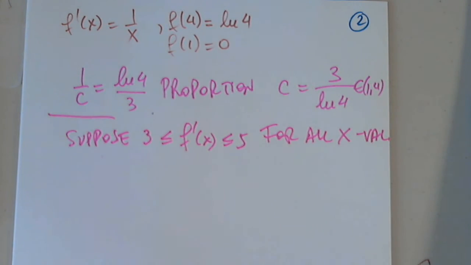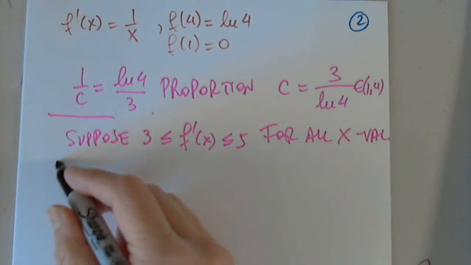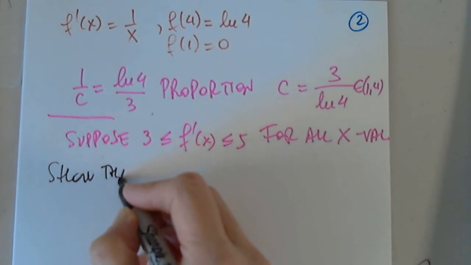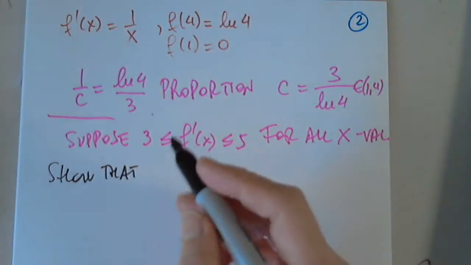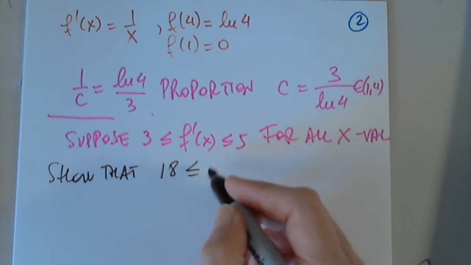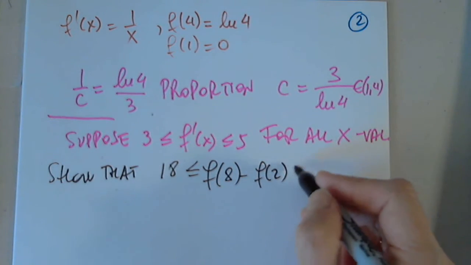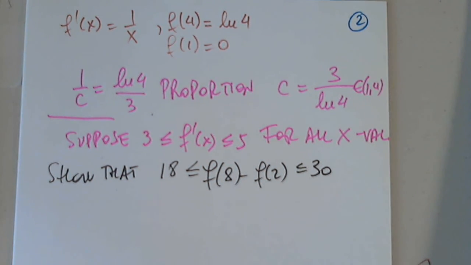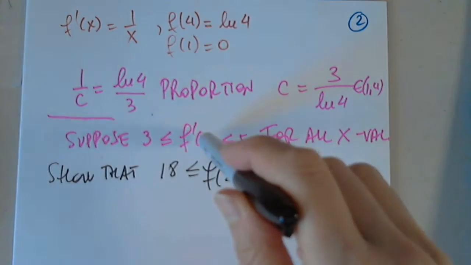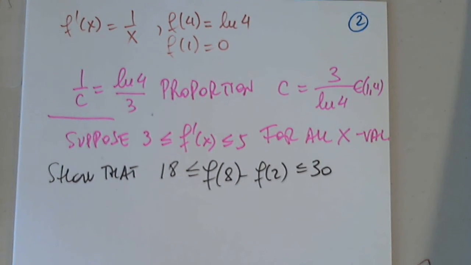Then they say, show that 18 is less than or equal to f of 8 minus f of 2, less than or equal to 30.